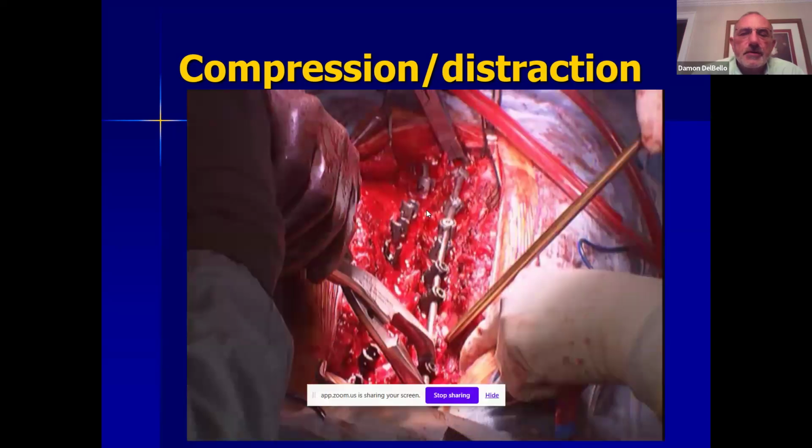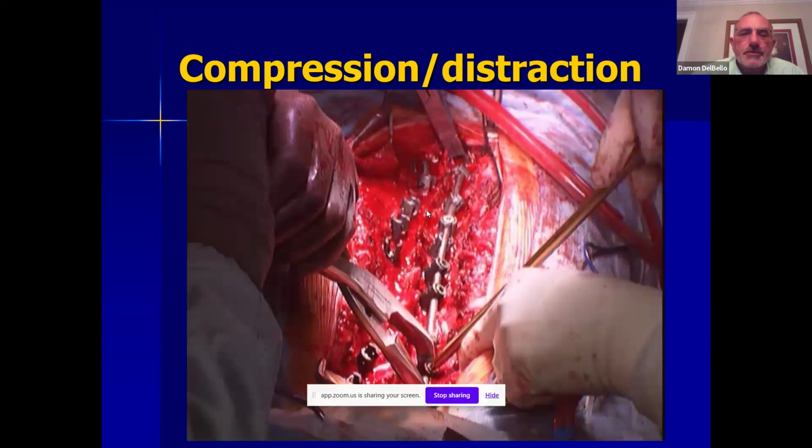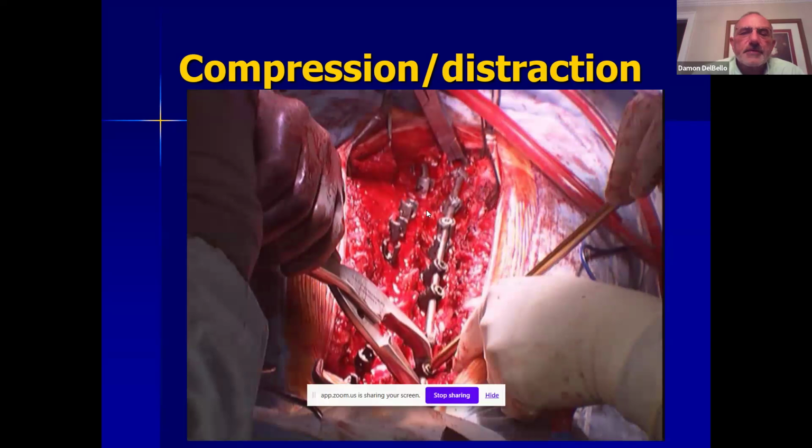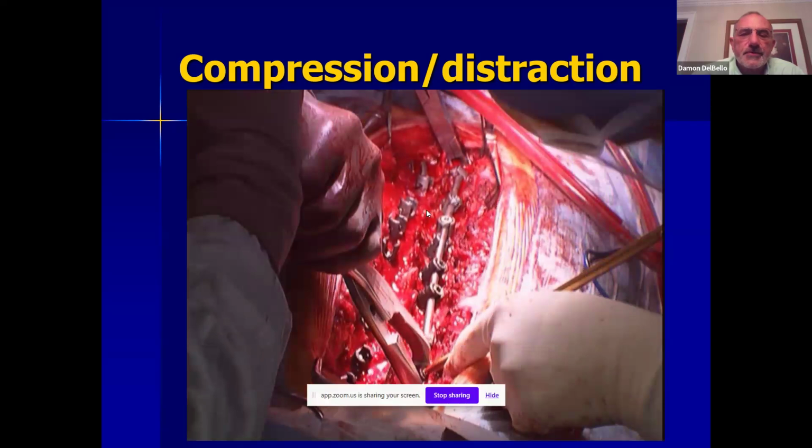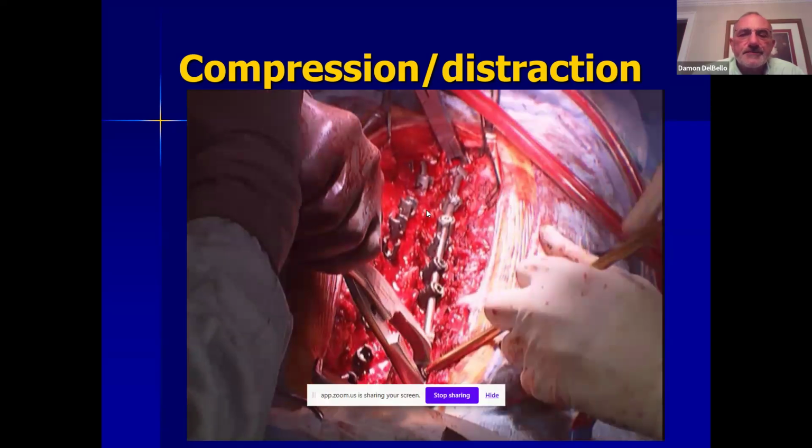Compression of the lumbar spine will lordose it, and on the convexity we're going to reduce scoliosis in the lumbar spine.